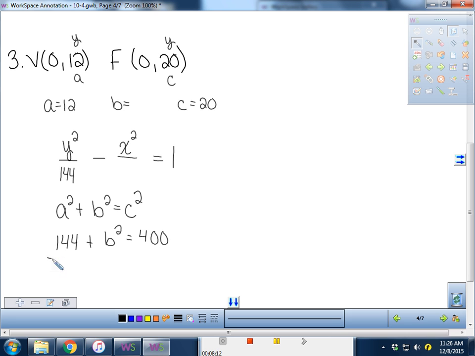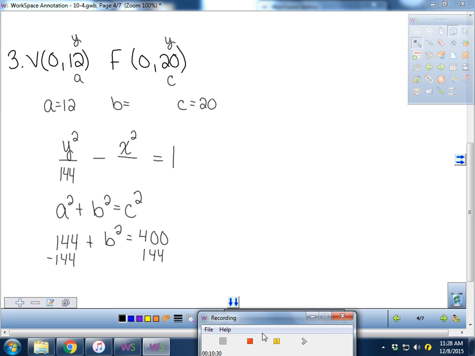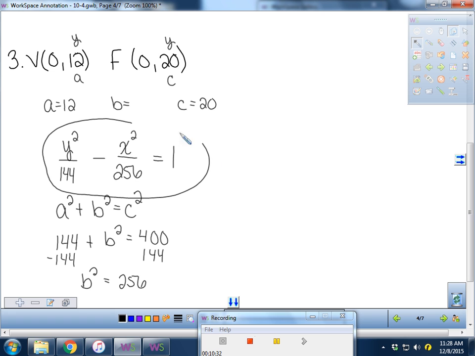So I'm going to go ahead and subtract the 144. So I get b squared equals 256. And remember, you don't need to square root that because you actually need b squared to go underneath here. So this is very similar to what you did with the ellipses.